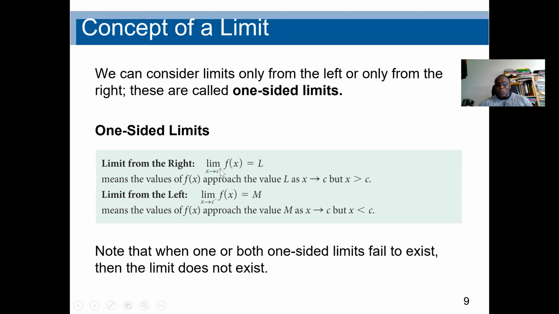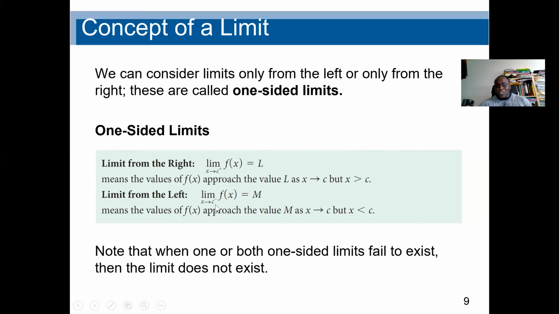So we can see negative and positive at the top of the c. This means that when the limit is from the right, we say x approaches c positive. This means x should be greater than c. Now, when the limit is from the left, it means x is less than c. That's why we say x approaches c negative.